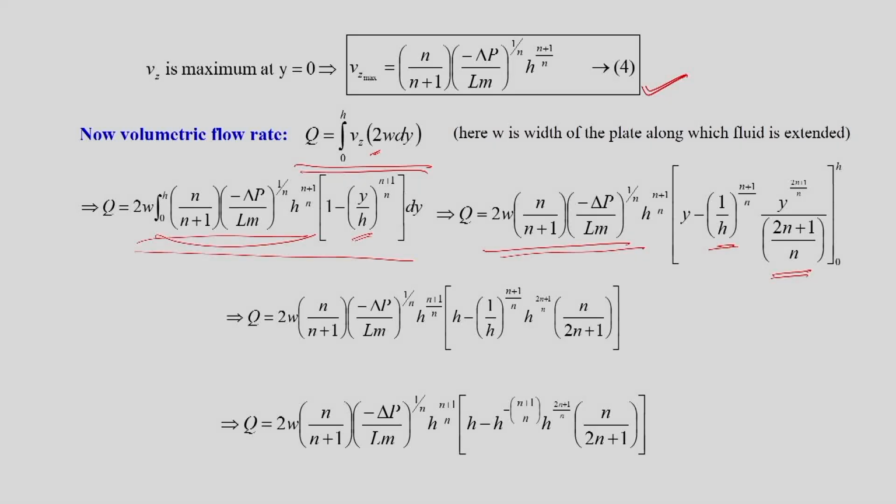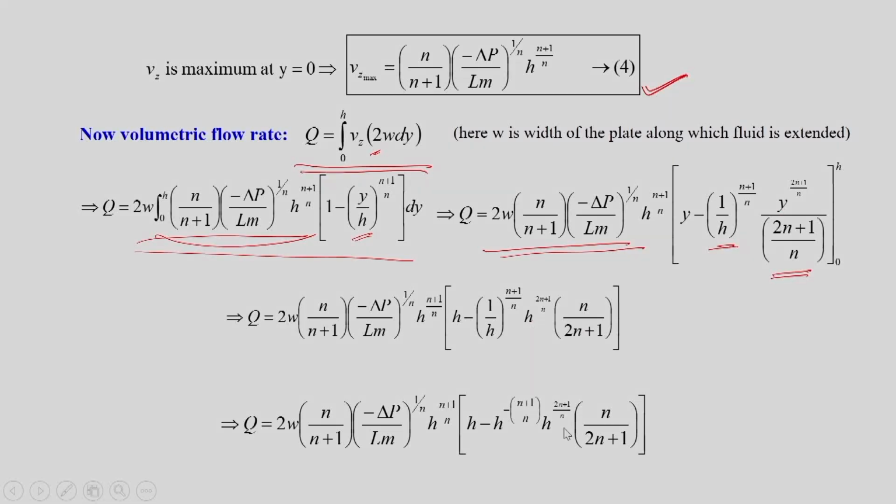If you substitute here, then you will get the volumetric flow rate. When you substitute, first h, then this 1 by h whole power n plus 1 by n is as it is. Next, the denominator 2n plus 1 by n you can write as n by 2n plus 1, and then h power 2n plus 1 by n.